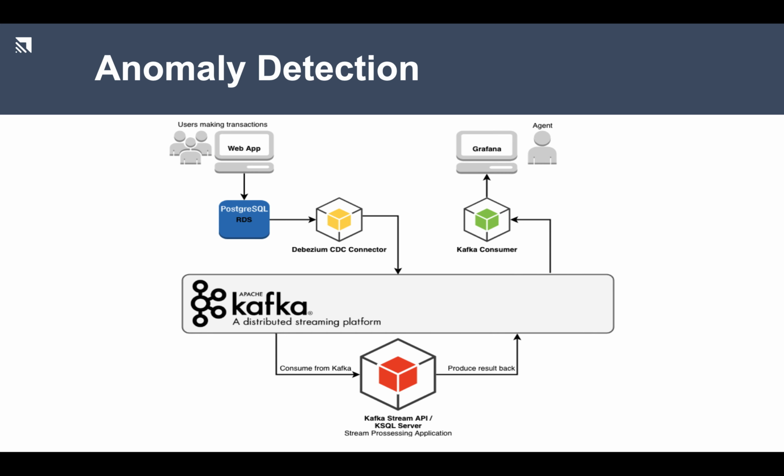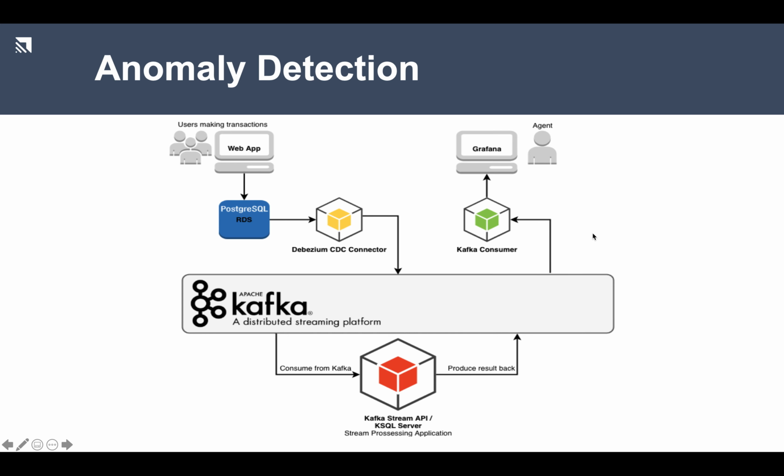For fraud detection, I have a very simple rule here: if a credit card is used more than 3 times in a window of 5 seconds, then raise a flag, which means create an event and push it to another Kafka topic. The name, for example, is possible fraud.